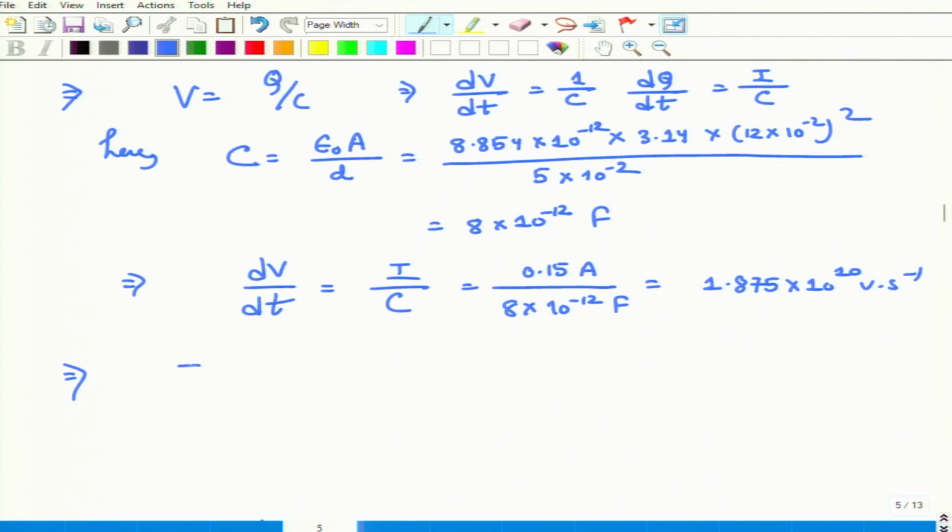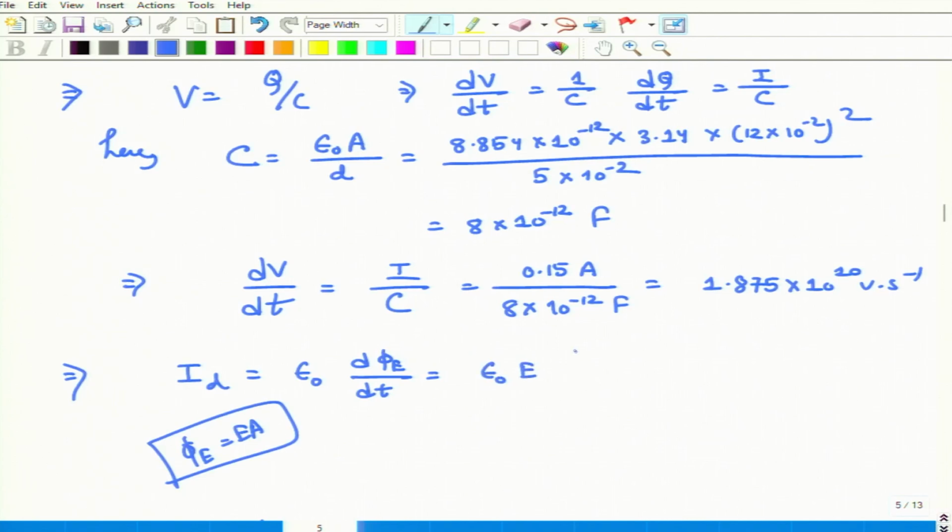And the second question is also clear. We know the form of I_D, which is epsilon naught d phi_E dt. We know that phi_E is actually EA, the flux. So we can write epsilon naught A dE dt. Sorry, area is constant, right?